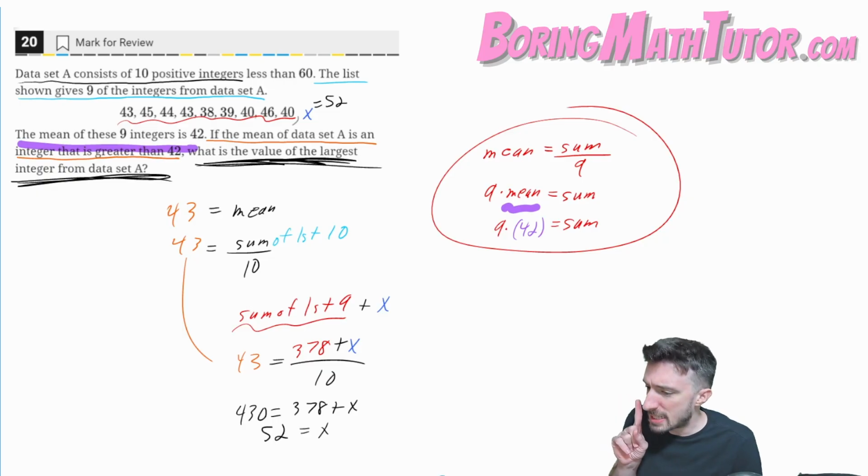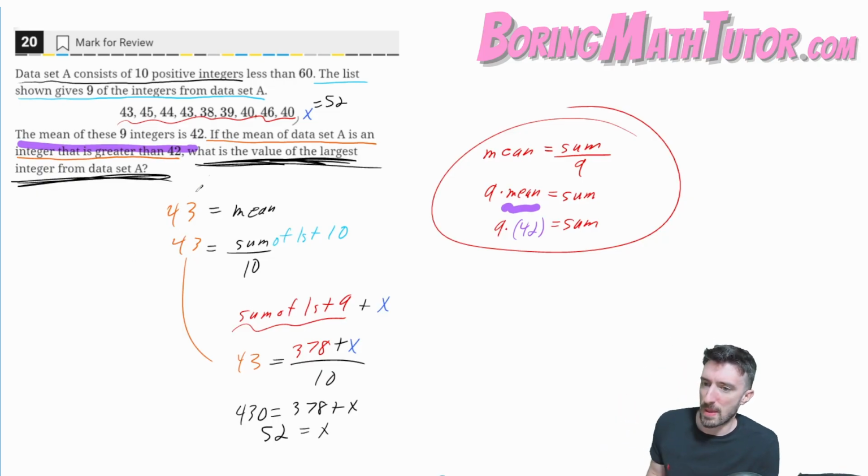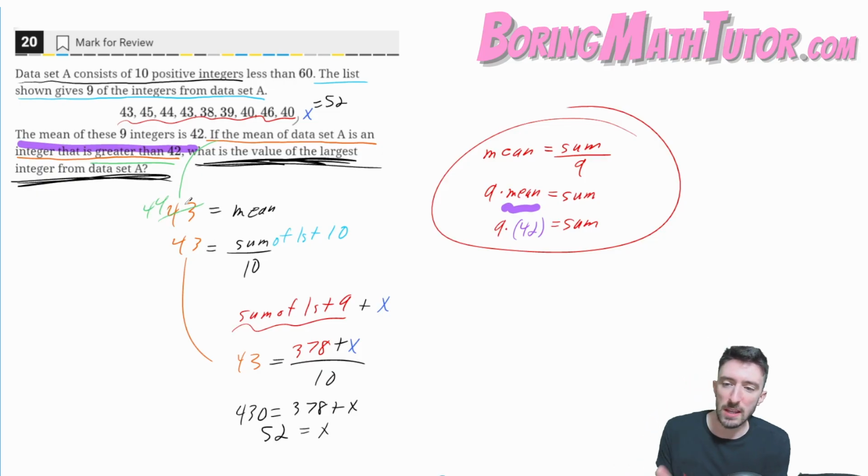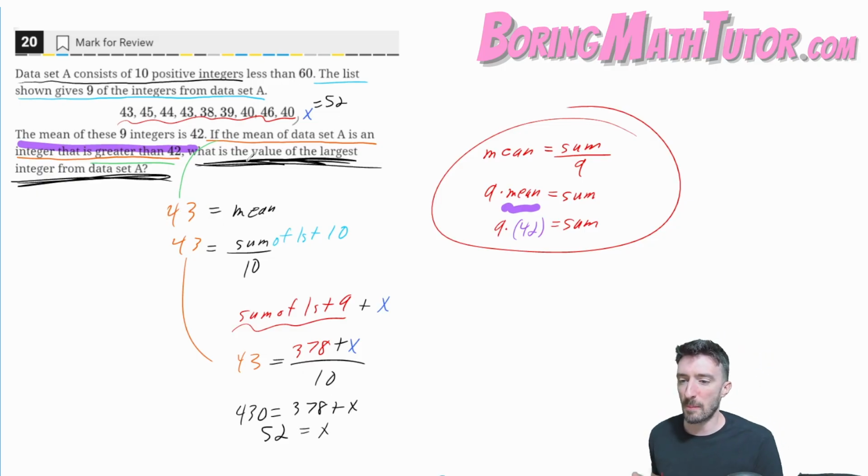But we didn't talk about what would happen if we had chosen a number that was even greater than 43. Now, 43 is greater than 42, but they just said it has to be greater than 42, so maybe it could have been 44. But if you ran through the math, you would end up getting a number that's greater than 60, but you really didn't even need to do that because there's no answer choices here.